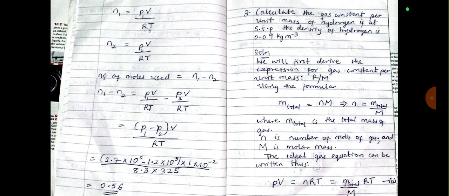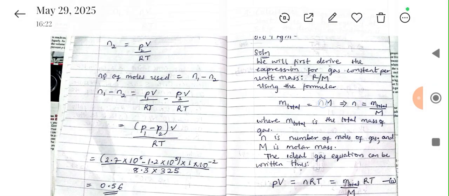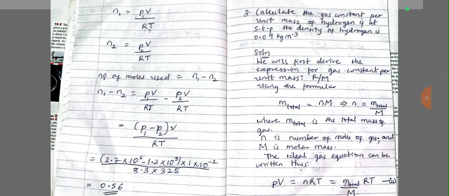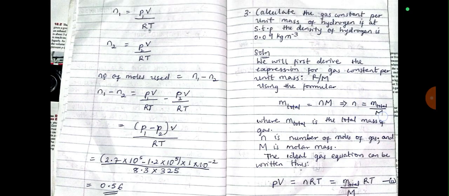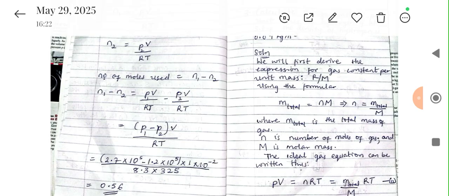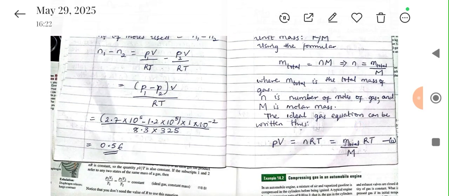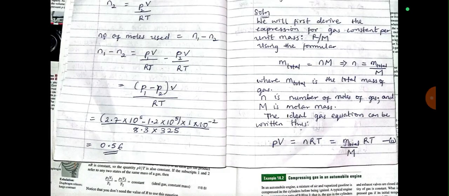From this formula, number of moles will be total mass divided by the mass of 1 mole, that is the molar mass. Now the ideal gas equation is PV equals nRT.